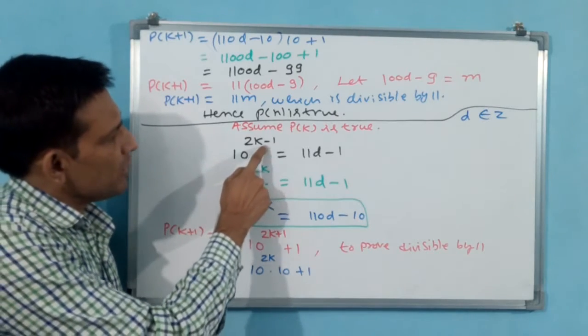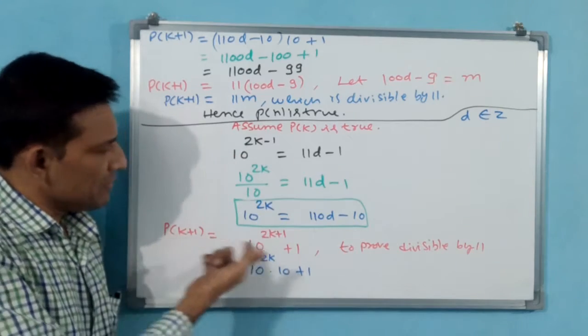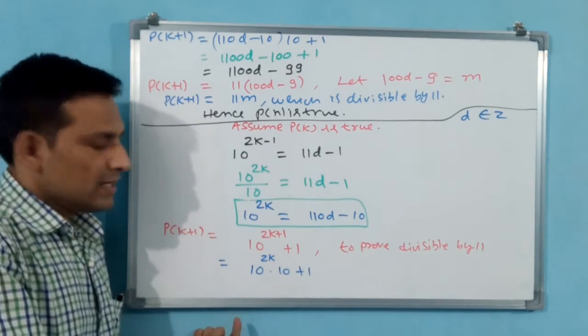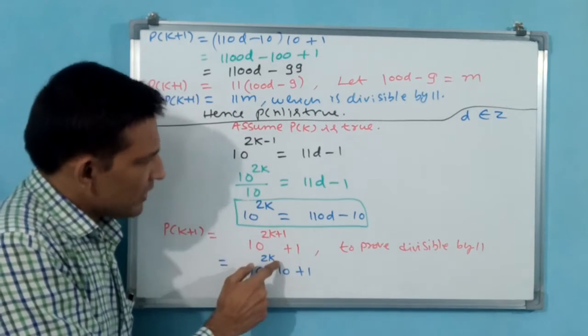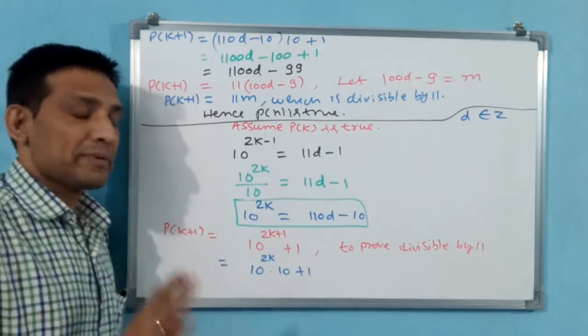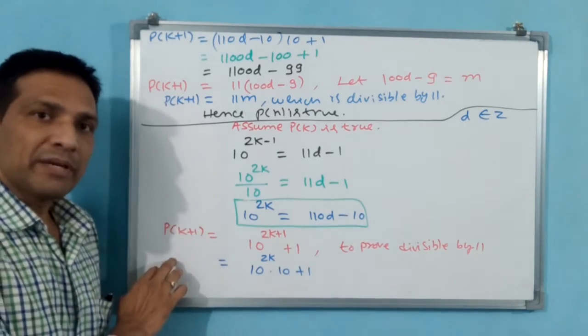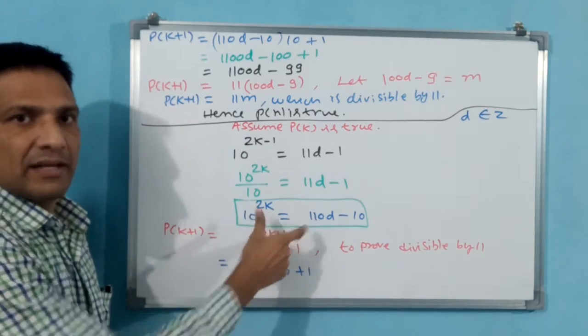In P of k, 2k minus 1 will come, but you cannot leave it like that only. Why? Because if you leave it like that, in P of k plus 1 you get confusion again. That is why you have to write P of k plus 1. In P of k plus 1, 10 power 2k is coming in, then this you have to split and take 10 power 2 plus. Until you go for P of k plus 1, you don't know what to be done in P of k and what identity to be taken.